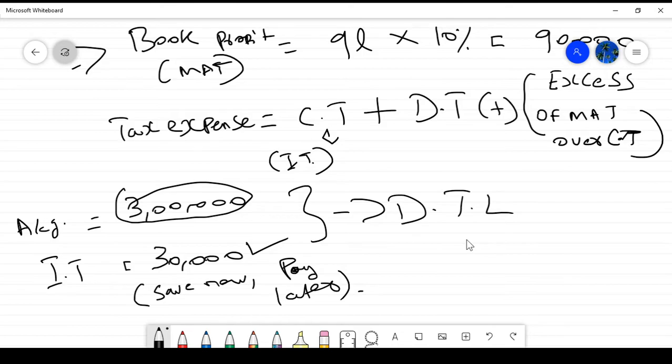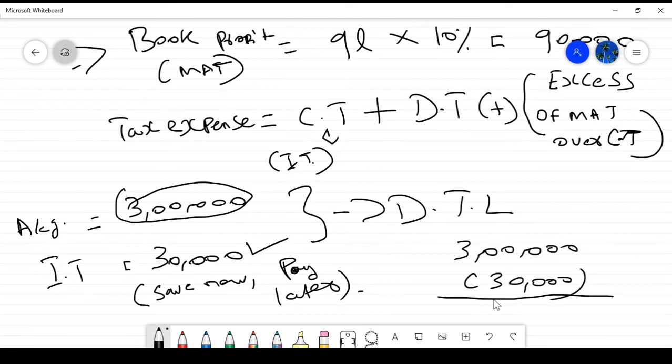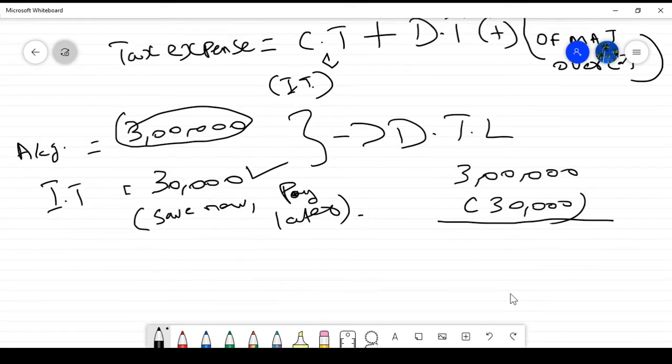Okay, how much I have to create? Difference, I have to pay 3 lakh, but I am paying how much? 30,000 only under the income tax act. Save now, pay later, meaning I am paying less in income tax now, future I will pay more. That means how much I am paying less? 2,70,000. This is my DTL.